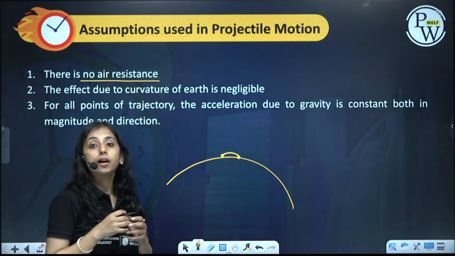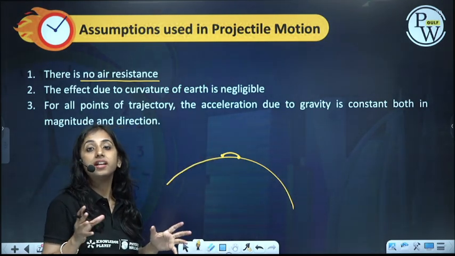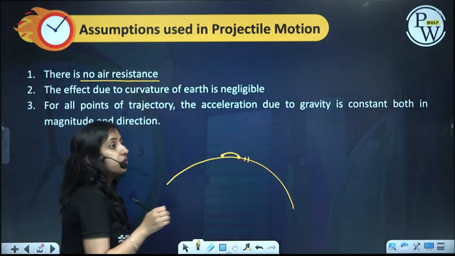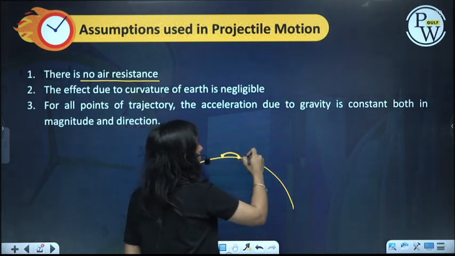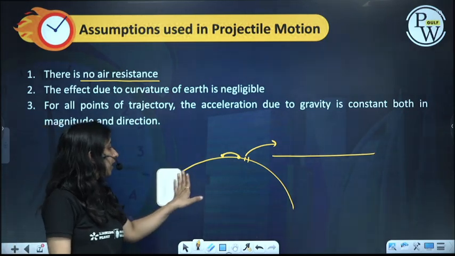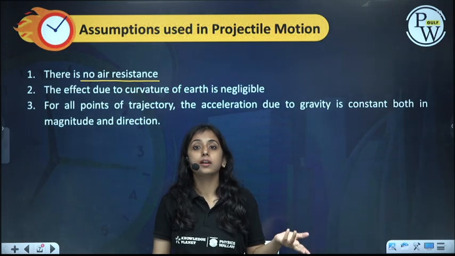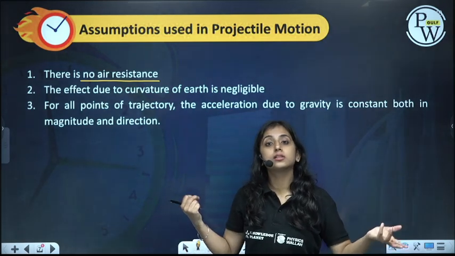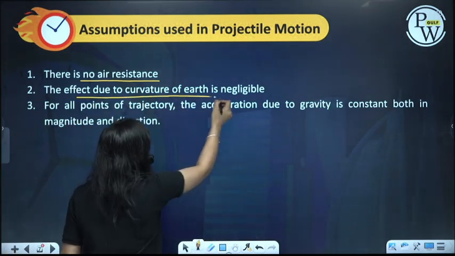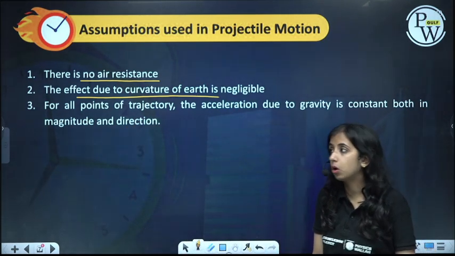We assume that the range of the projectile, the distance covered on earth, is very very less than the radius of earth, so this portion of the projectile's path on this big earth looks like a flat surface. Ground looks flat because the distance is not large enough to experience the curvature. So the effect due to curvature of earth is negligible.